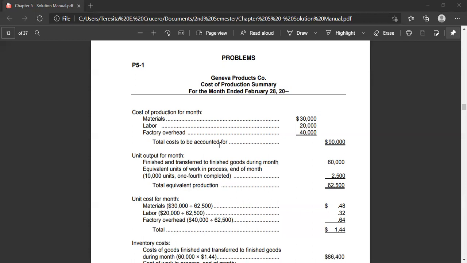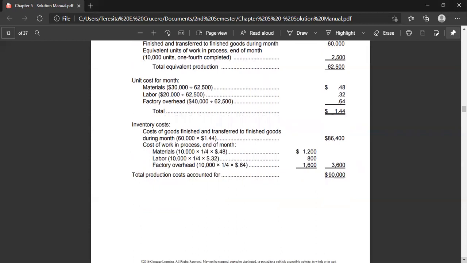Now for the inventory cost, the cost of goods finished and transferred to finished goods, we have now 60,000 units completed during the month. We multiply it by the unit cost of 1.44.